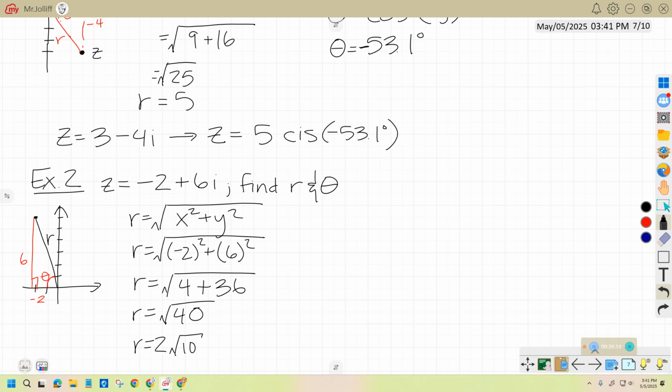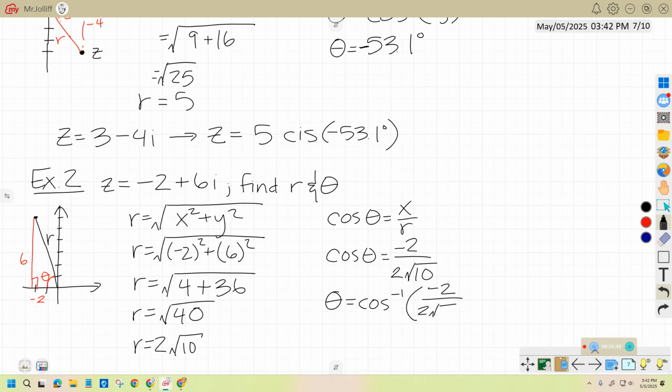All right. So which trig function do I want to use here? Sam, what trig function did you use? Cos. You can use cos, yeah. Cos theta is x over r. So we get cos theta equals, and our x coordinate is -2. Our r is 2 root 10. So on my calculator, I'm going to do cos inverse of that whole thing, -2 over 2 root 10.